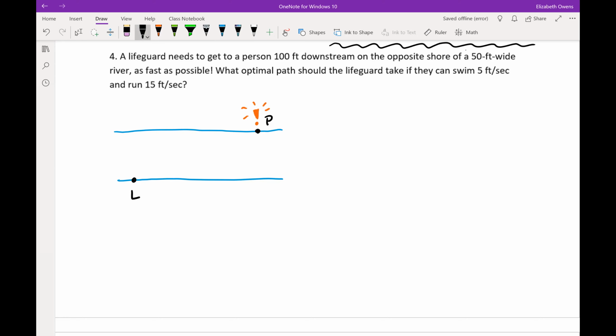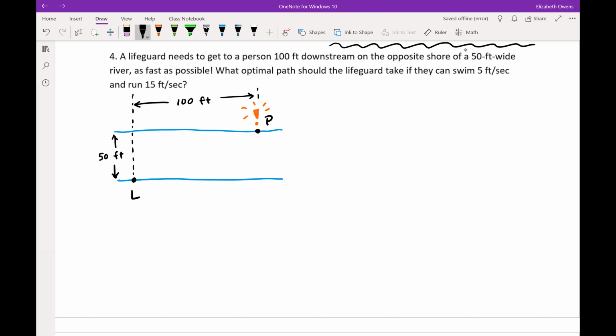So they are 100 feet downstream from the lifeguard. That tells us this dimension right here is 100 feet. And the river is 50 feet wide, so this dimension right here is 50 feet.